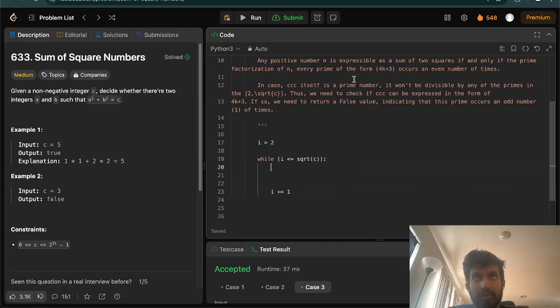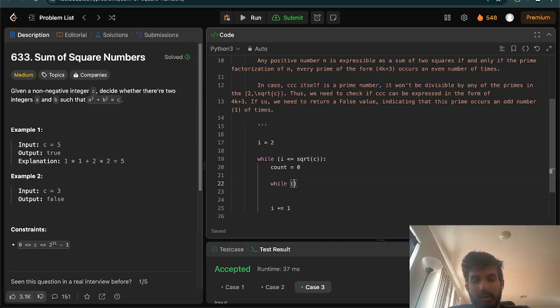First we look at the count of primes. So we start with a count of 0.